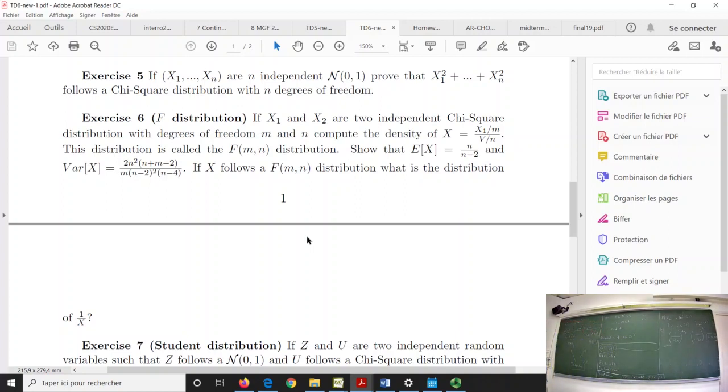And now it's finished because I can simplify a little, because what I have here and here are the same.